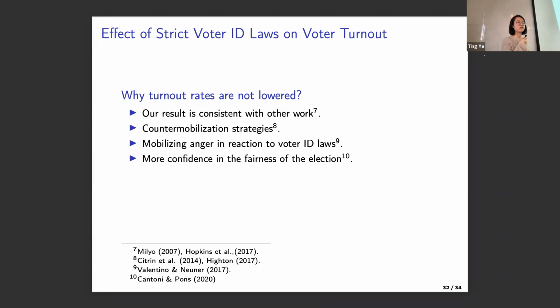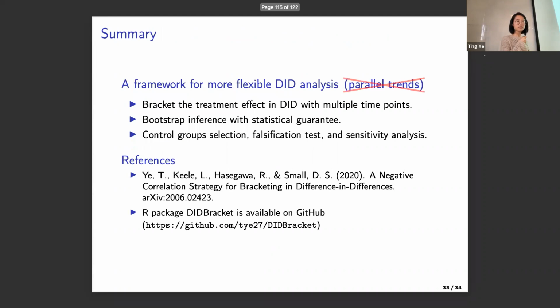And the third reason is that the law may give people more confidence in the voting fairness, and this may lead to more people voting. But we still need to recognize that people without a valid photo ID do face a higher barrier to voting.